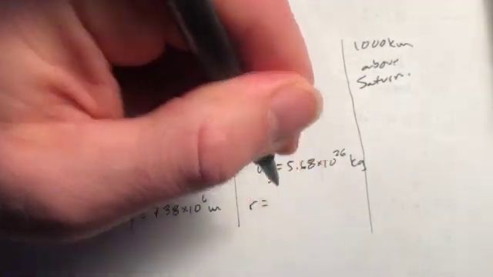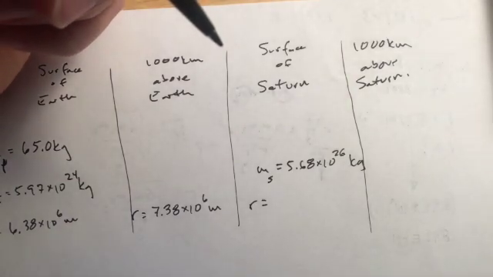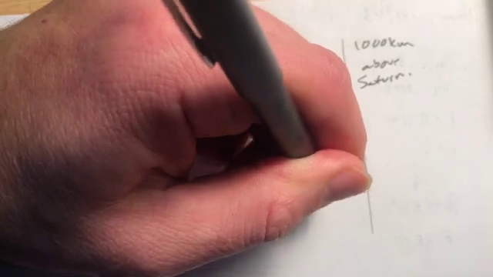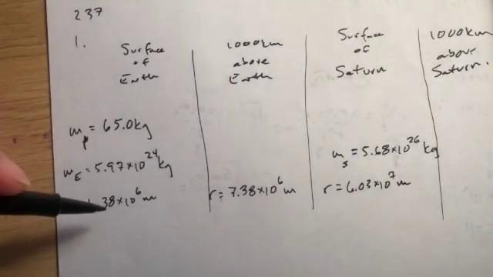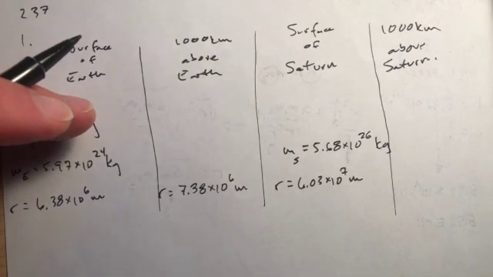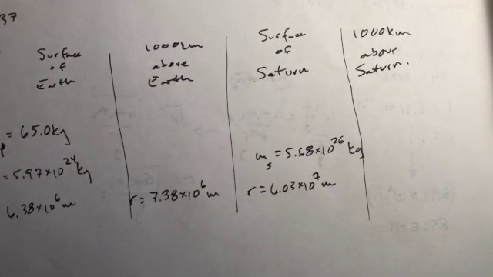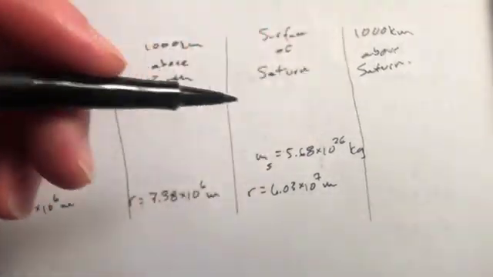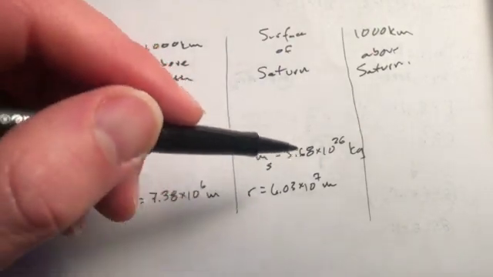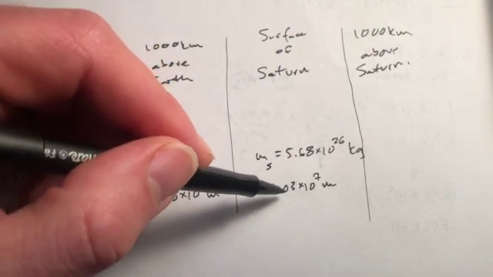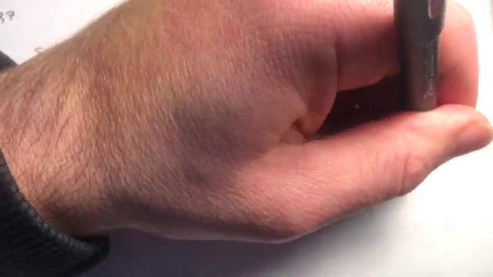Radius of Saturn is 6.03 times 10 to the 7th meters. So 10 times bigger radius. And 1,000 kilometers above that, or 1,000,000 meters, would be 6.13 times 10 to the 7th meters.